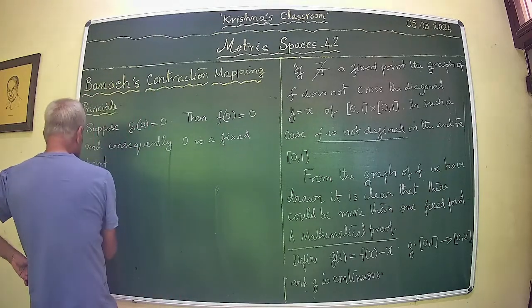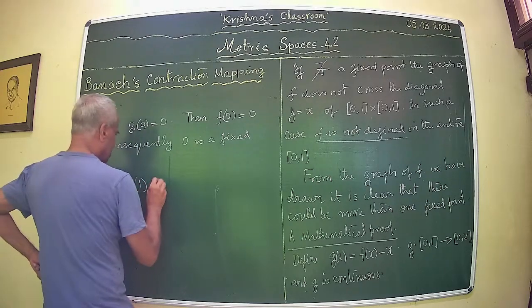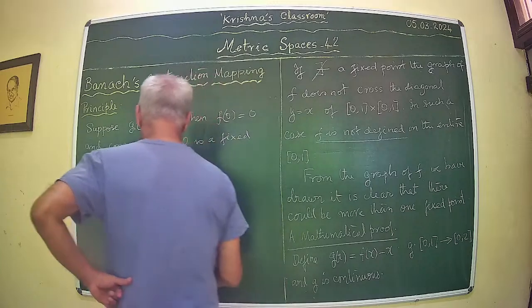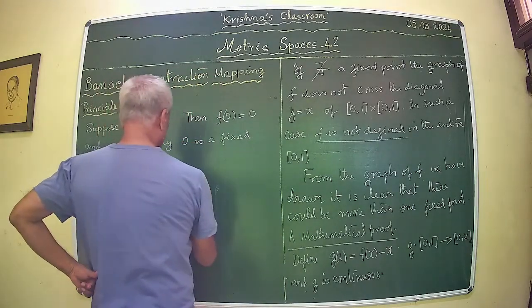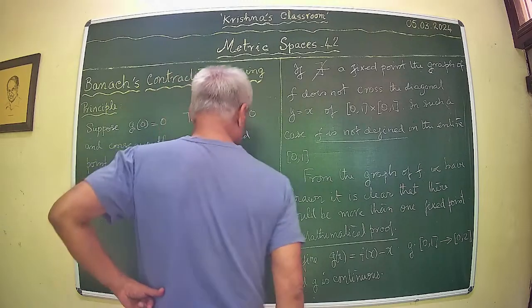Now suppose G1 equal to 1, which implies F1 minus 1 equal to 1.